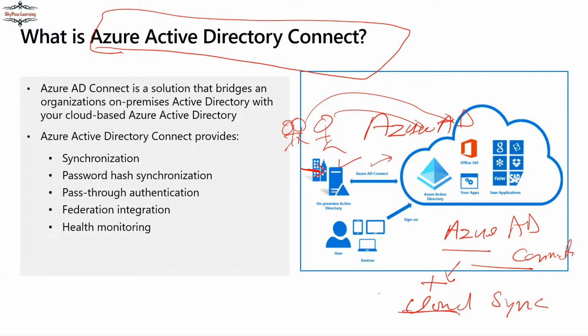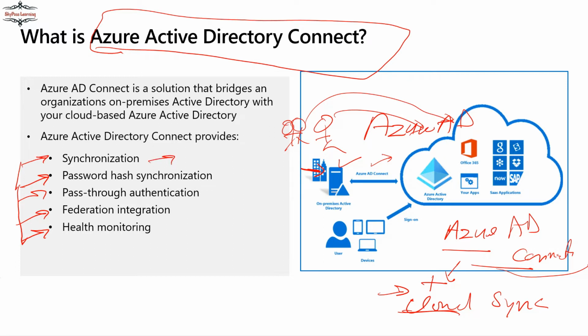This is just a component or a part of this entire solution, whereas the Azure AD Connect also helps you to set up password configuration, federated integration, and health monitoring. All these are part of Azure Active Directory Connect, whereas the synchronization is just one component.